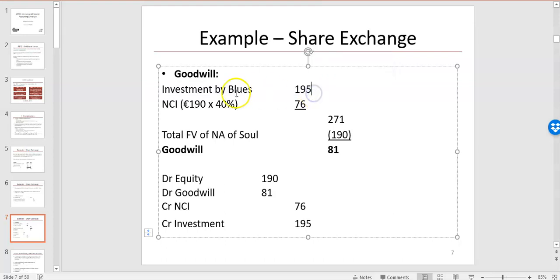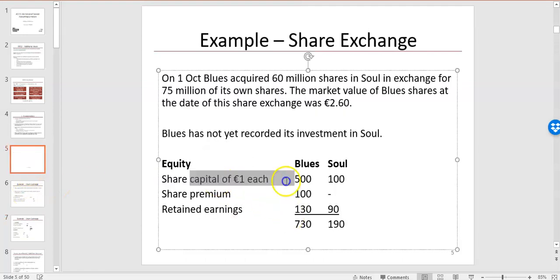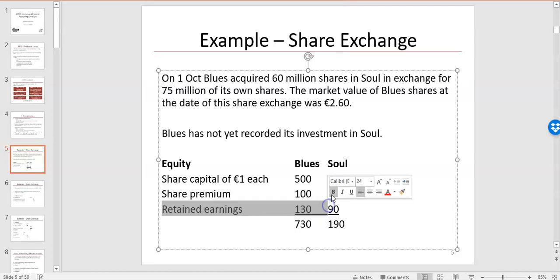Your investment, which is from the parent, plus the NCI, which is the net assets at the acquisition date times the NCI share. We call that method 1. And you take that from the fair value net assets. So the goodwill there is 81. You get rid of the equity, which is debit share capital and debit retained earnings, 190 respectively.